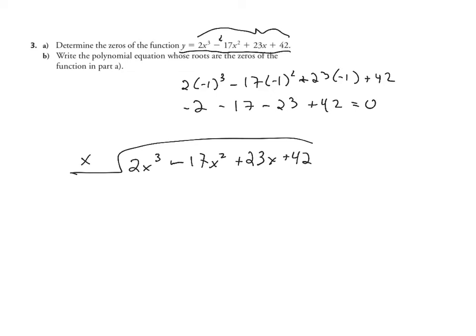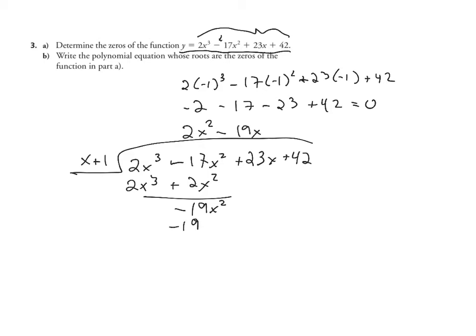X is negative 1, so x plus 1 is one of the factors. What do we got? So 2x squared will give me 2x cubed plus 2x squared, minus 19x squared. So minus 19x here.